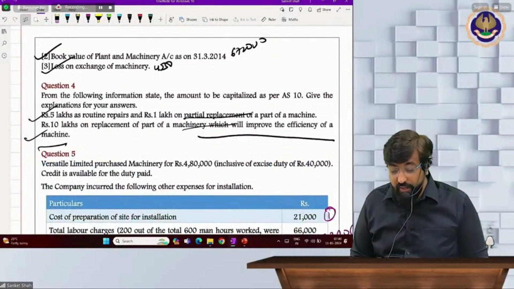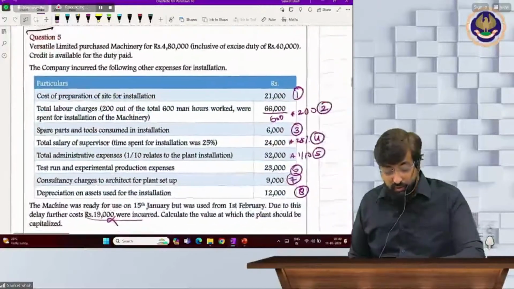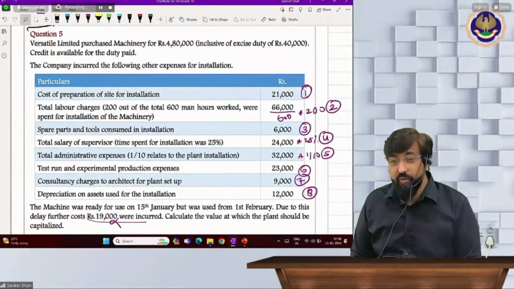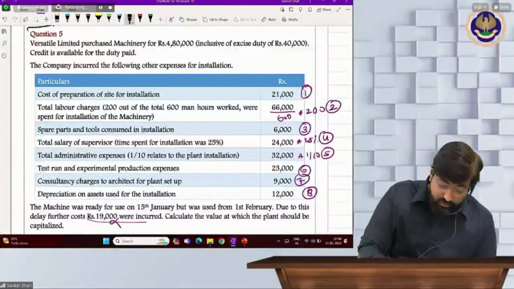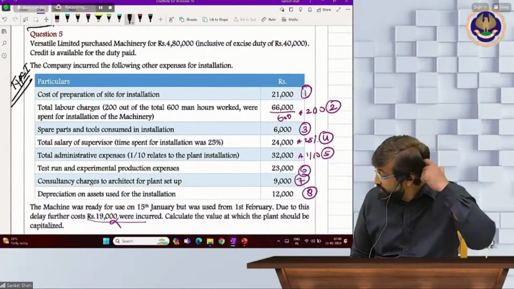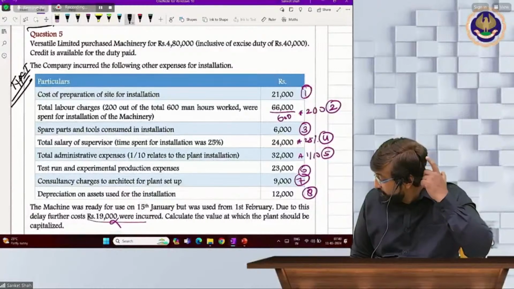And the second one, which increases the benefit, will be capitalized as an asset. Now solve this question. This will be easy for you, like question type number 1. I'm not going to tell you the answer; the answer is already written over here, I already calculated this.